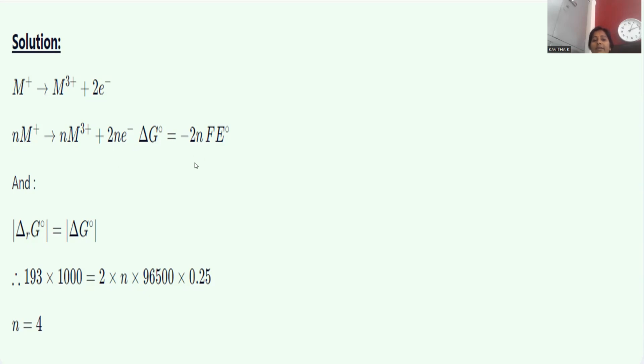F is the Faraday, whose value is also known to you. And E naught is the standard electrode potential in volts, right? So if we substitute all the known terms in this formula, obviously we can calculate whatever is required. Delta rG naught is equal to delta G naught.